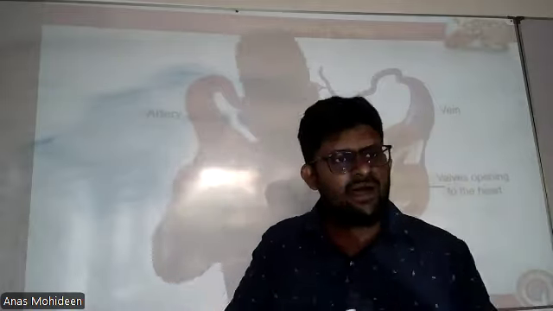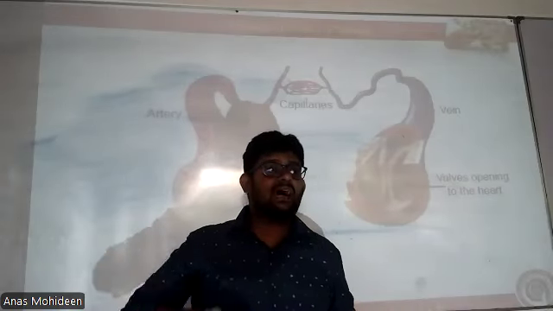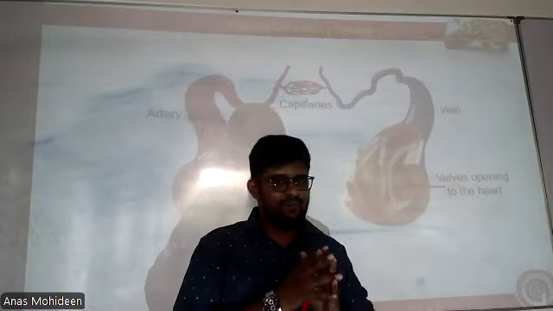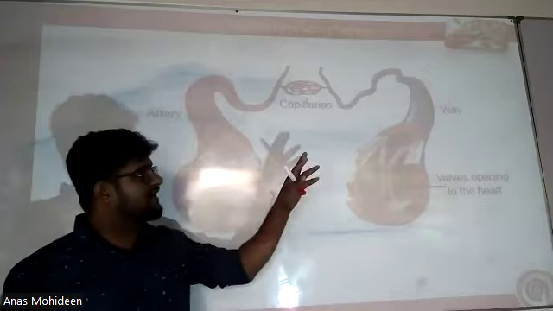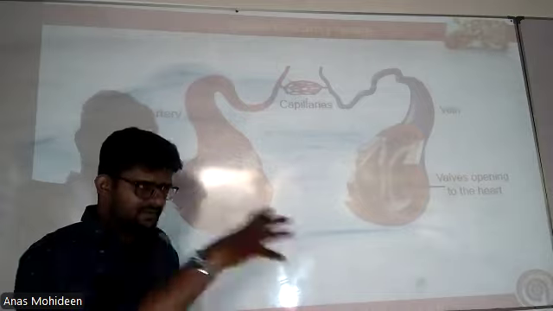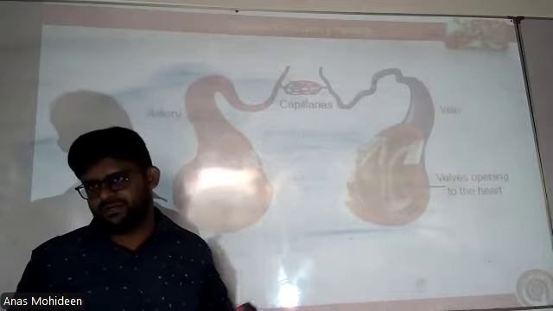The heart is pumping blood at a high pressure so that it can be taken towards all the organs. So blood flows through arteries at a high pressure. You understand that point?